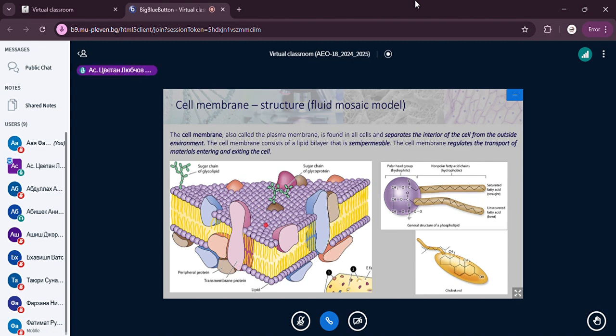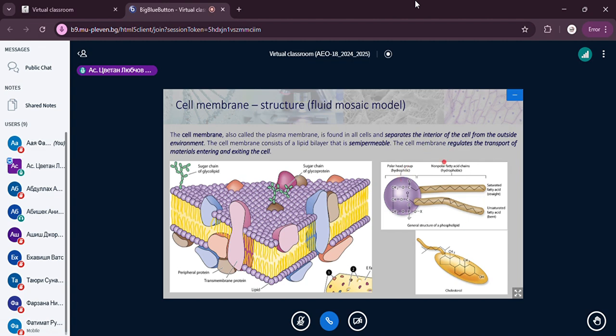The most common population of lipids present today are phospholipids. Phospholipids, as we're going to see here, are structured as follows: two parts, a tail and a head. The head is hydrophilic and usually oriented toward water.